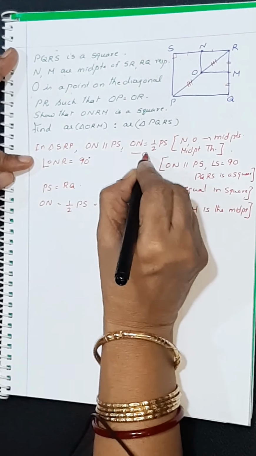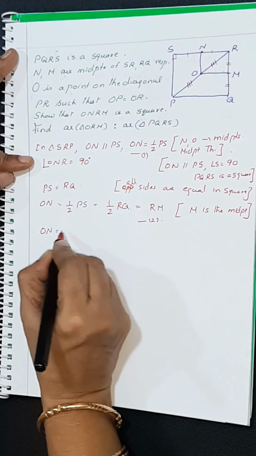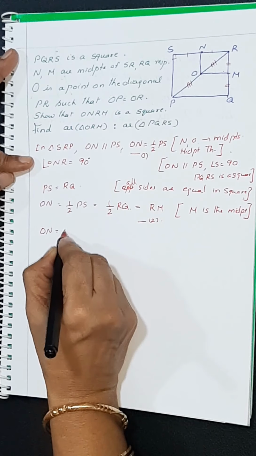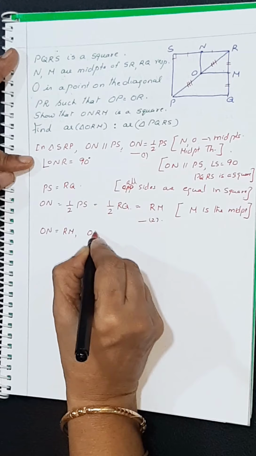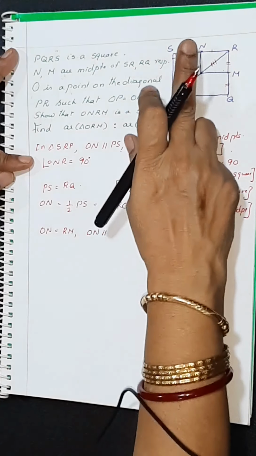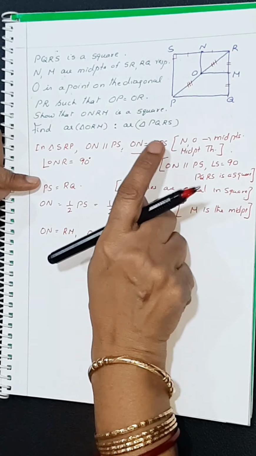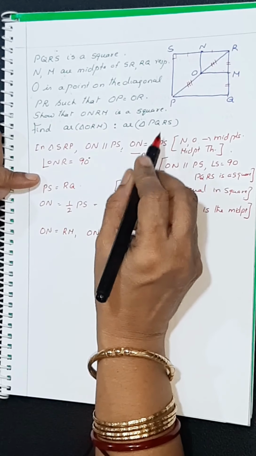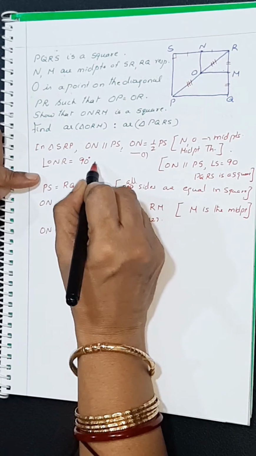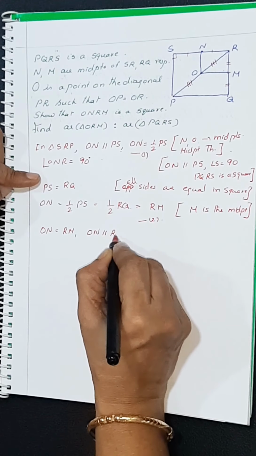So from 1 and 2, ON is equal to RM and ON is parallel to PS, therefore ON is parallel to RQ.